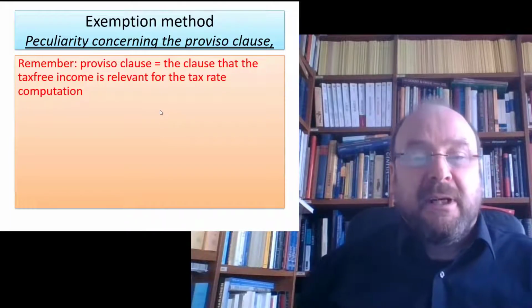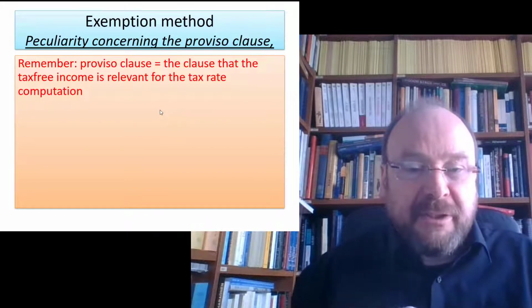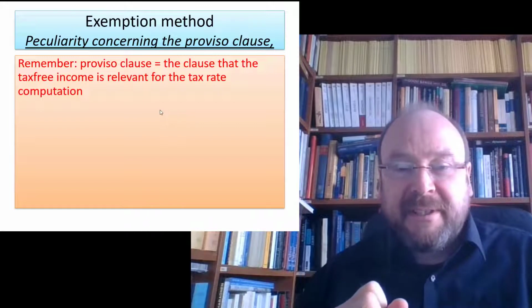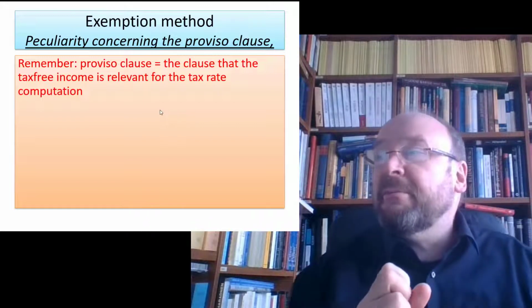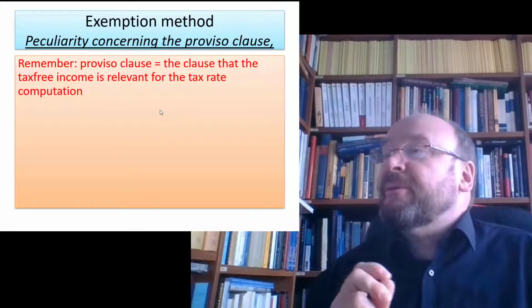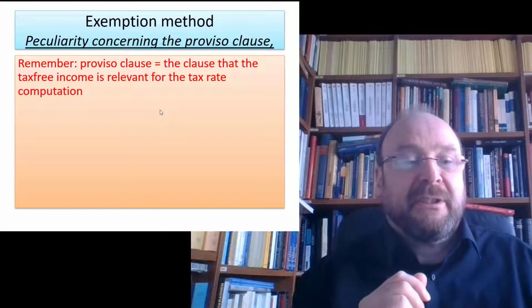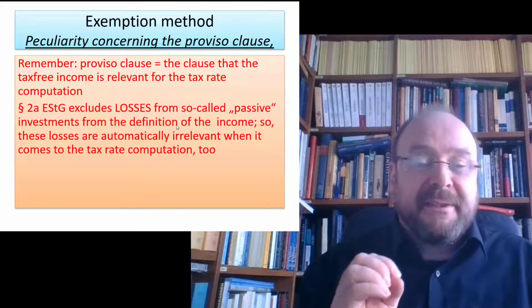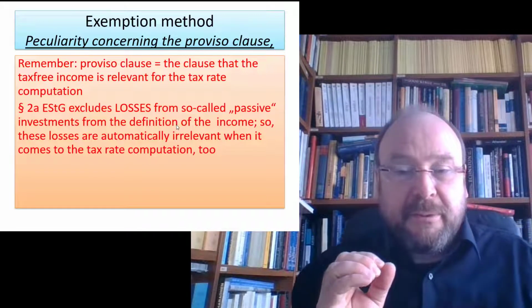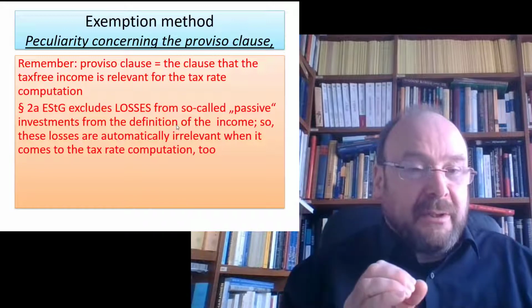Okay, now let's talk a bit about one special exemption or exceptional situation with regard to the Proviso Clause. You remember that the Proviso Clause says that the tax-free income is relevant for the tax rate computation. Now, paragraph 2a says certain losses from so-called passive investments are completely ignored.